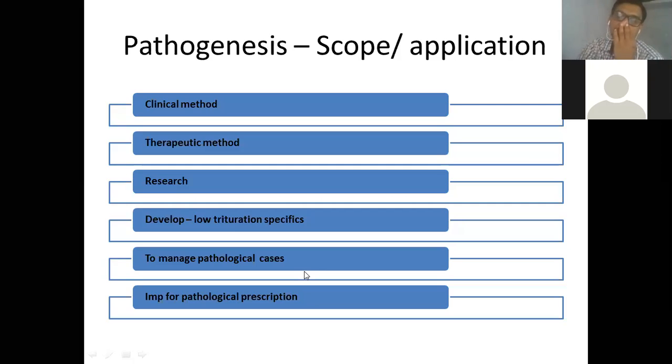If you are treating hepatitis where the bilirubin level is beyond 20-25 and the patient is in hepatic encephalopathy, you must be able to bring down the level of bilirubin, and at that time you have to prescribe medicine depending upon the knowledge of pathogenesis.